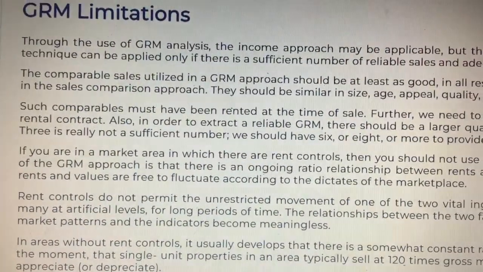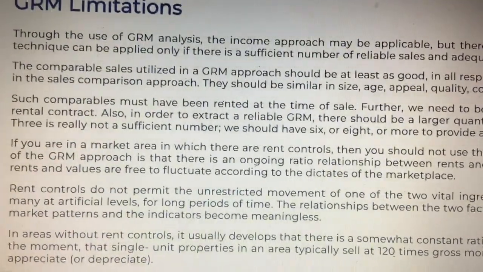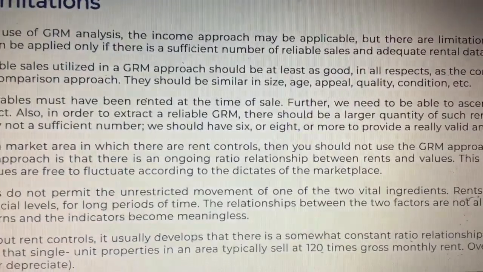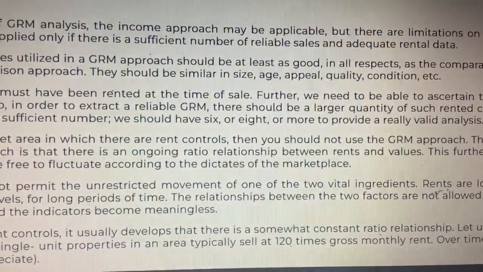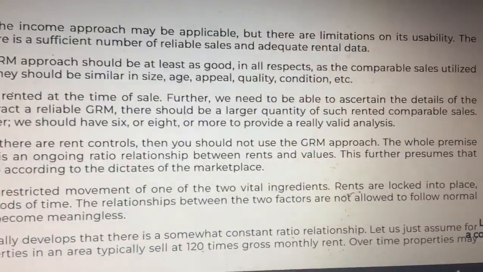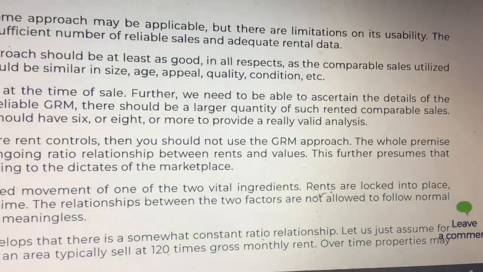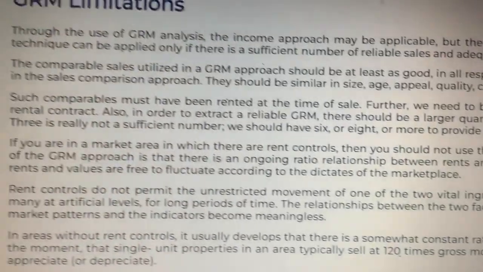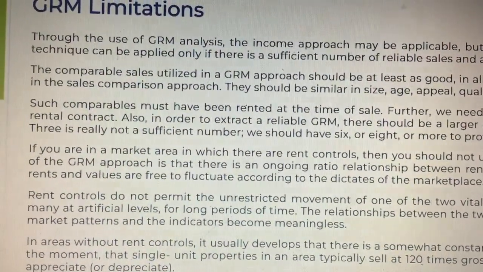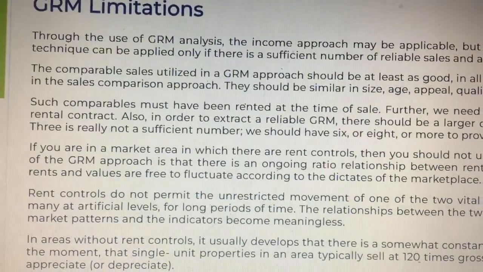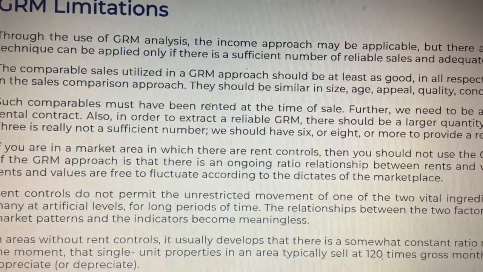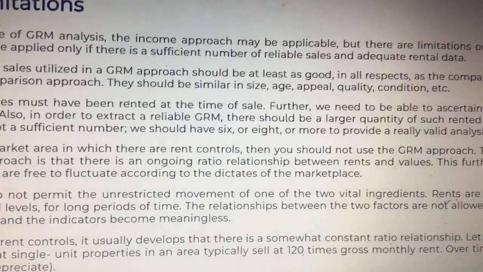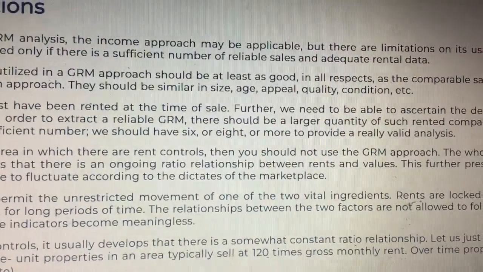If you are in a market area in which there are rent controls, then you should not use the gross rent multiplier approach. The whole premise of the gross rent multiplier approach is that there is an ongoing relationship between rents and values.